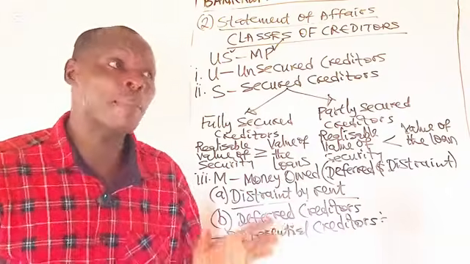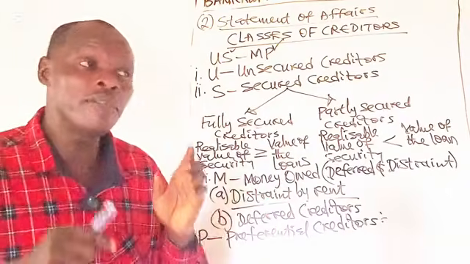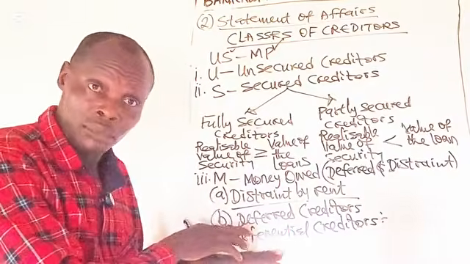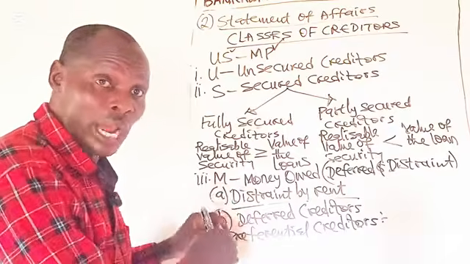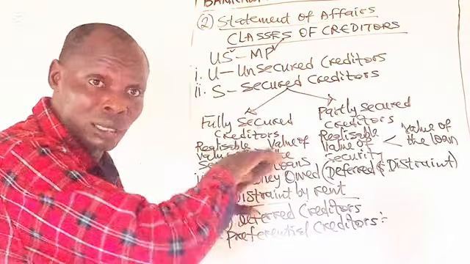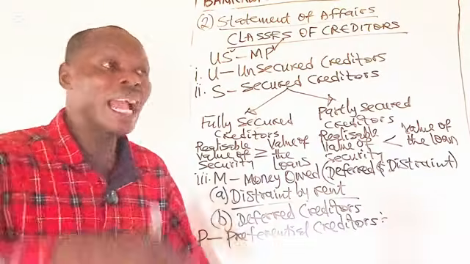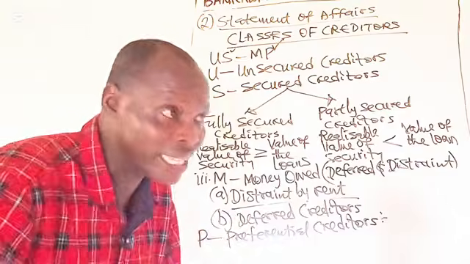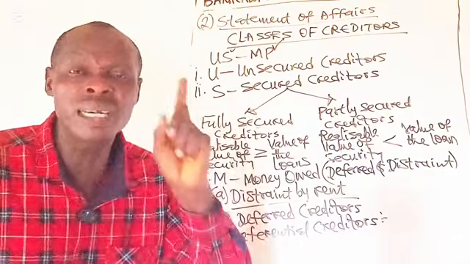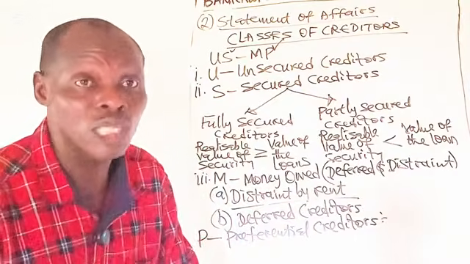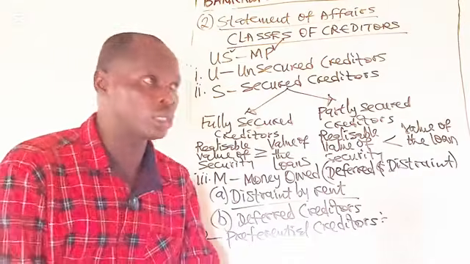Preferential creditors get paid from the free assets, not those assets used as collateral. The ones used as collateral have been secured on a particular asset. Those not used as collateral, that's what I mean by free assets. They get paid from the free assets before anyone else. That is why we call them preferential creditors.